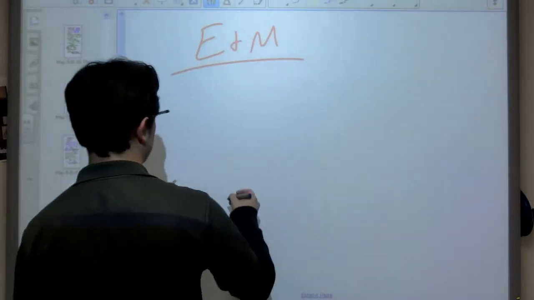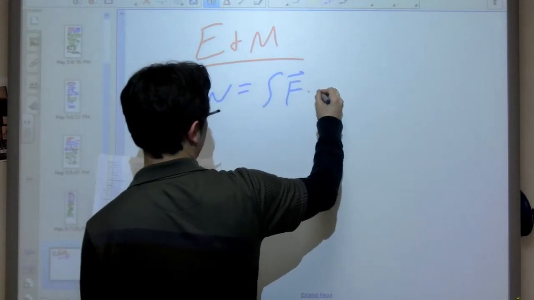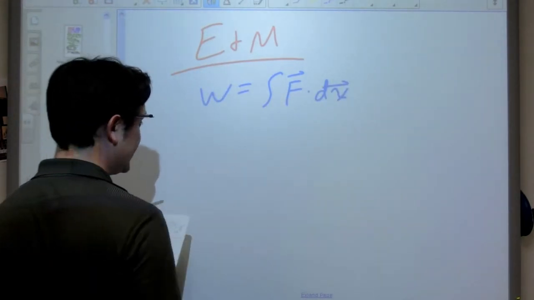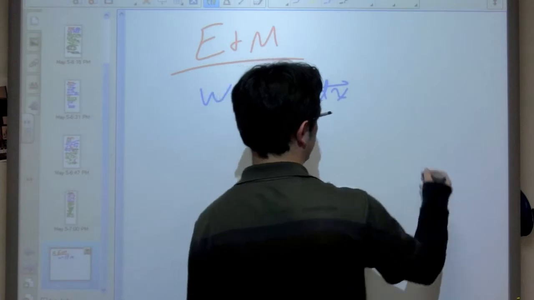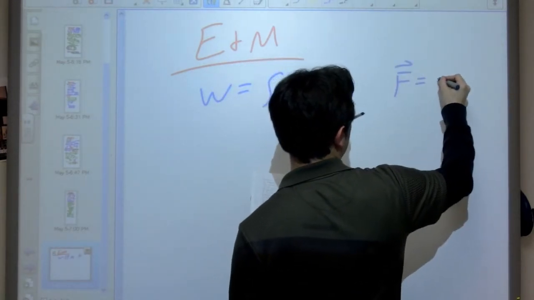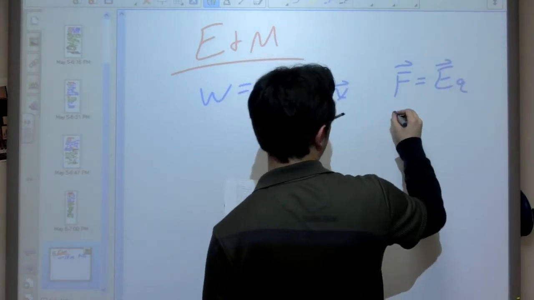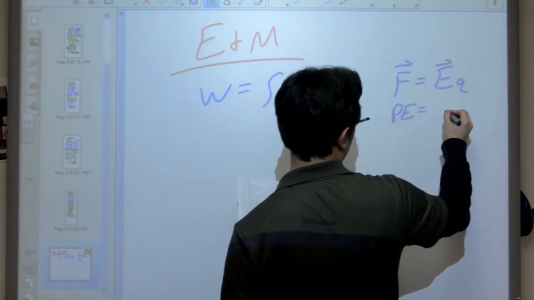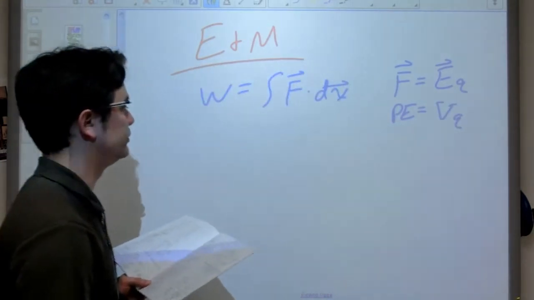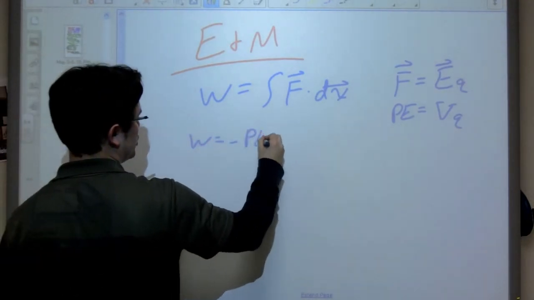Remember that work equation? It was work equals the integral of F dot dx, right? And I told you in the electricity and magnetism, the electrostatics one, that you should always remember this one, that force equals our electric field times Q. And also that our potential energy equaled our voltage, our potential, times Q. Okay, well, work equals negative potential energy.